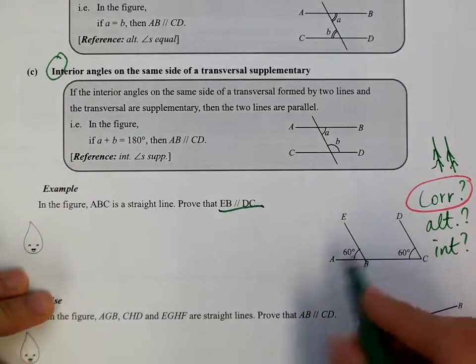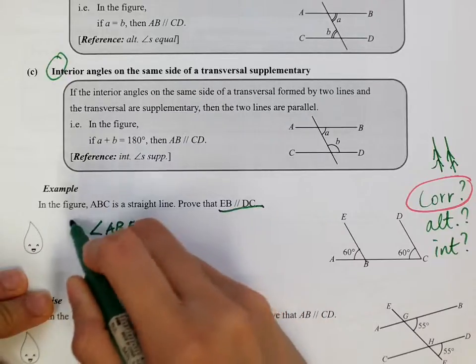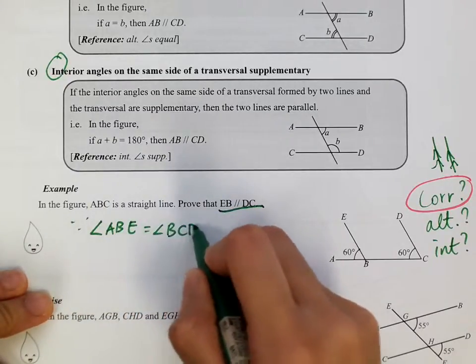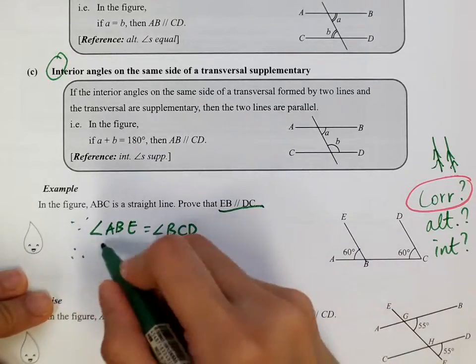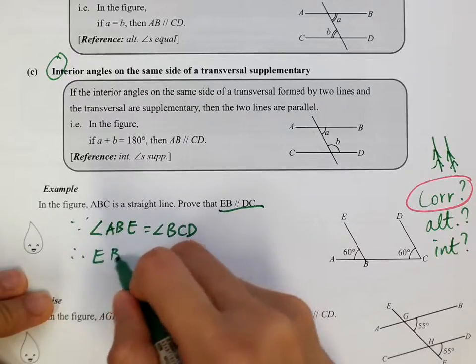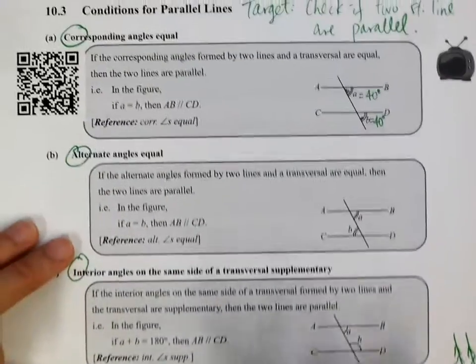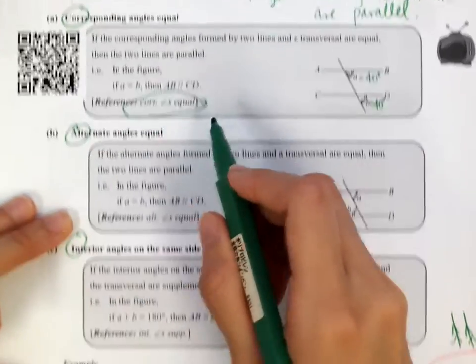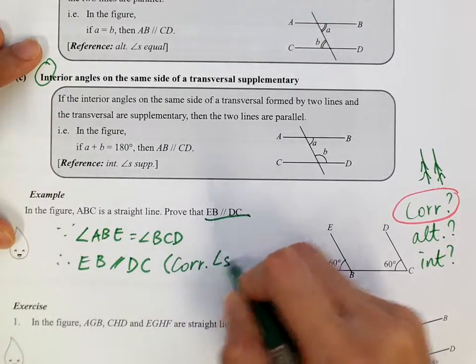So we can write: since angle ABE equals angle BCD, both of them are 60, therefore EB is parallel to DC. The reason for method 1 is this one, so copy it down here: corresponding angles equal.